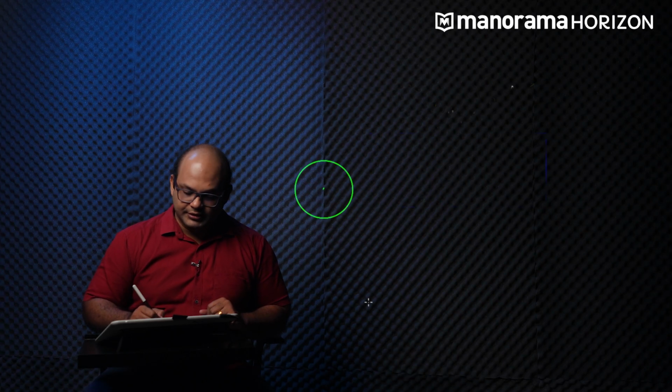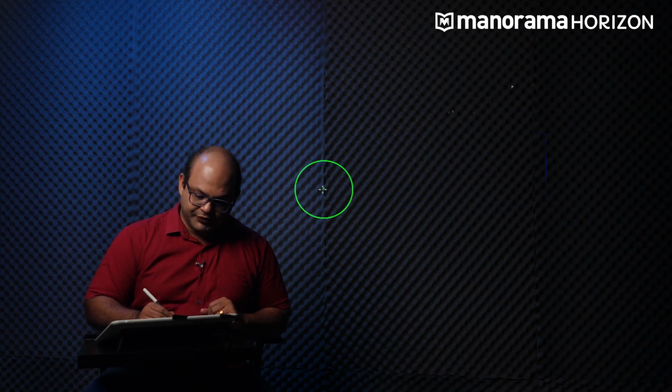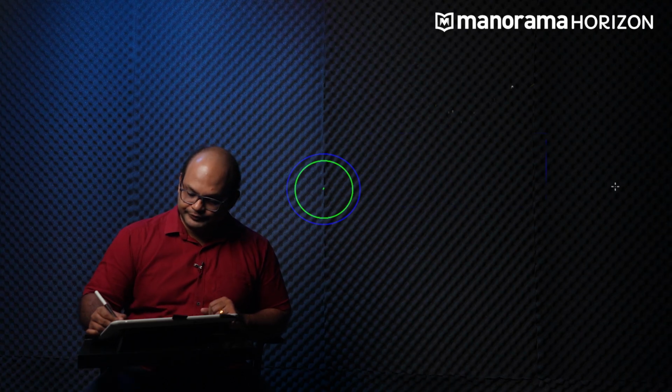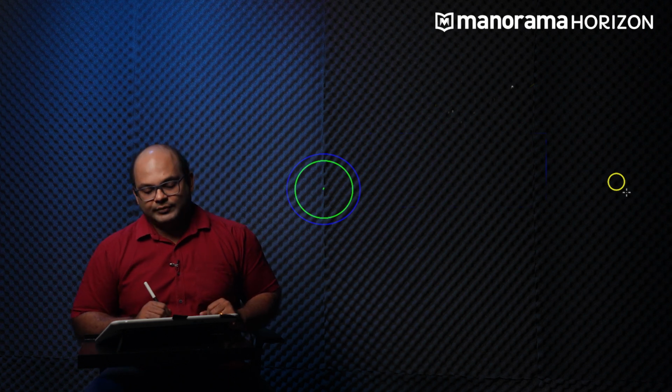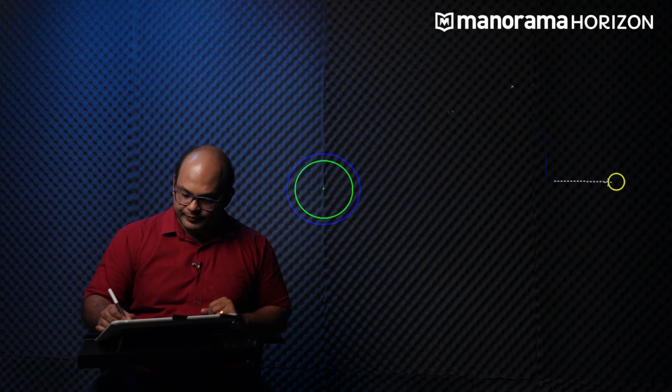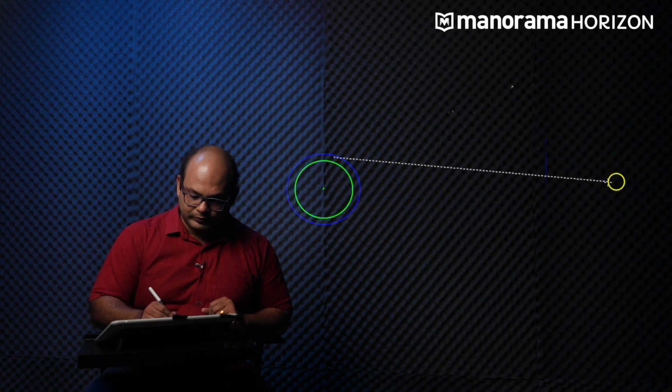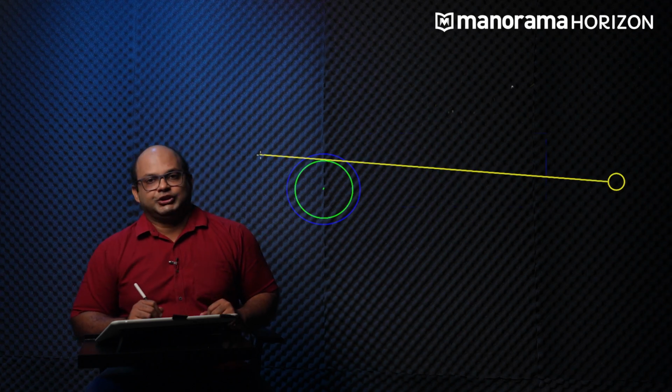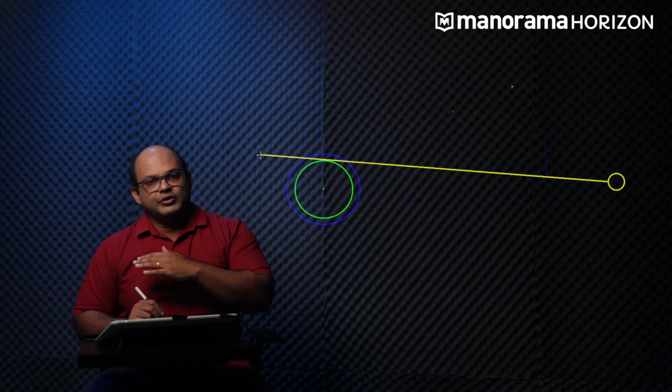So here we have the earth, and the earth has an atmosphere. So let's say this is our atmosphere, and we have the sun somewhere far away. So here is the sun. As the rays of light travel from the sun towards the earth, if there was no refraction, if there was no atmosphere, the ray would travel straight.